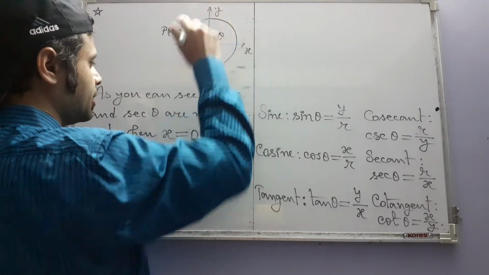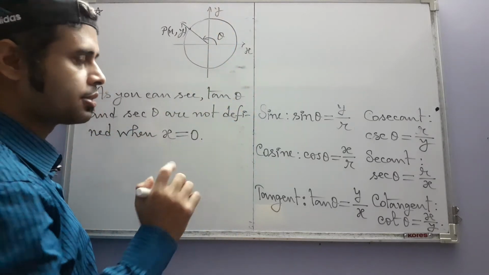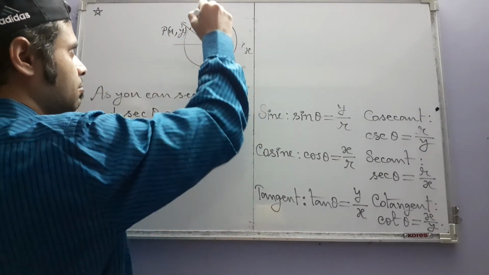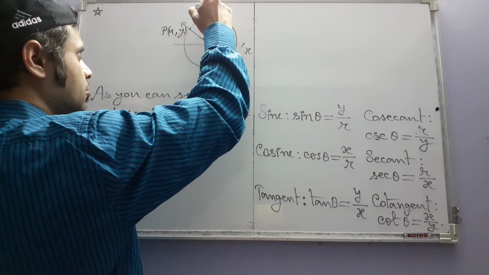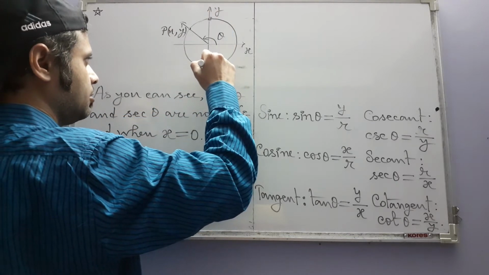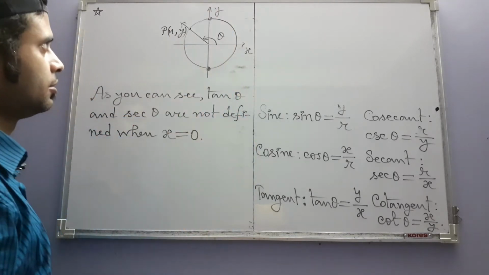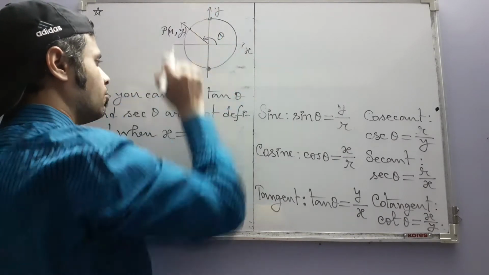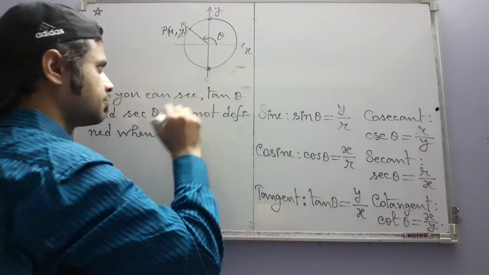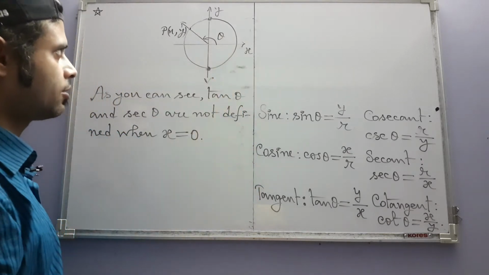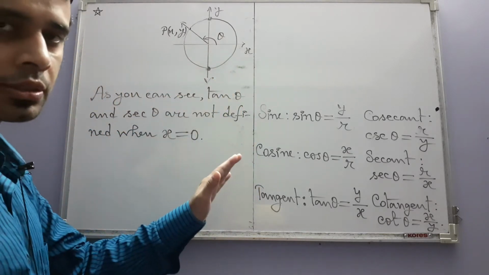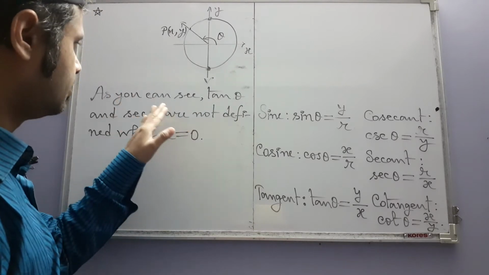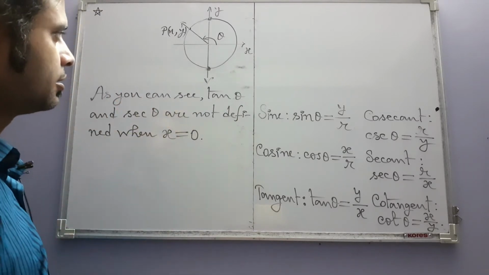That is, there are exactly two cases where this point lies on the y-axis. This one here and here. So if your terminal ray is this or this, then you cannot define, for the corresponding theta, tan theta and secant theta.